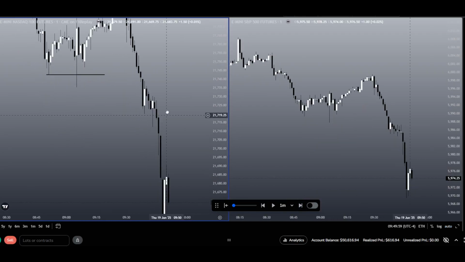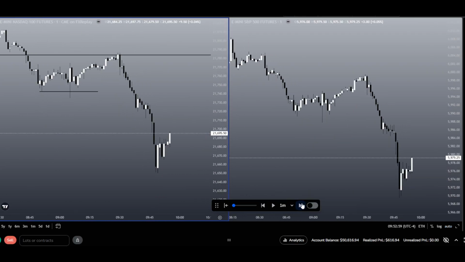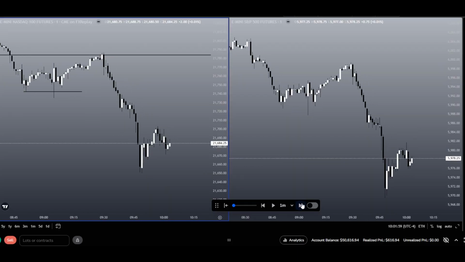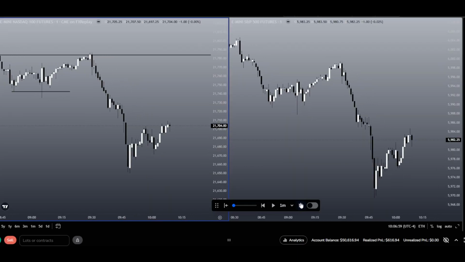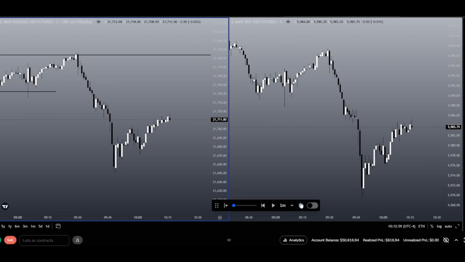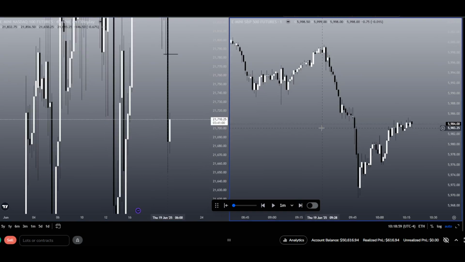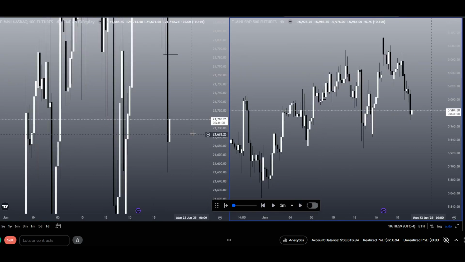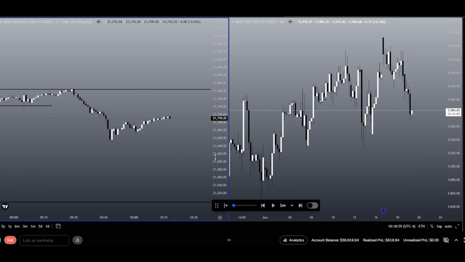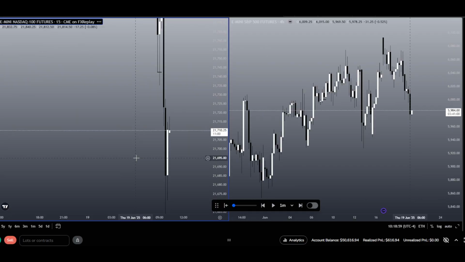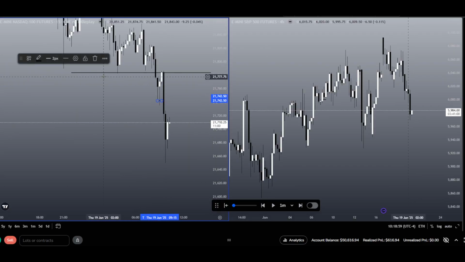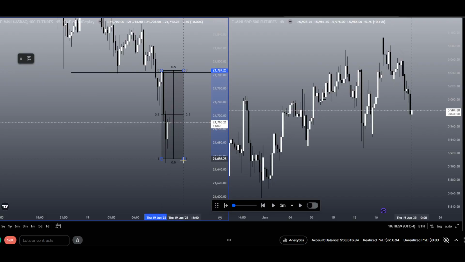I doubt we get an entry though. It's probably just a dump session. So there's 10 EMs. That's the 4-hour close. So any longs here basically suck unless you have an SMT. Yeah, we don't.